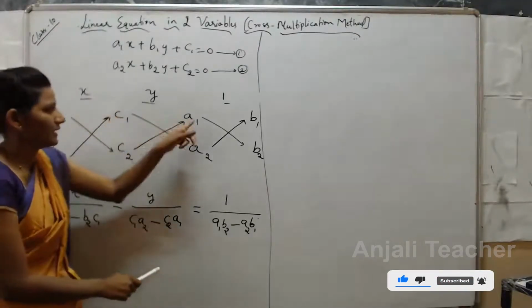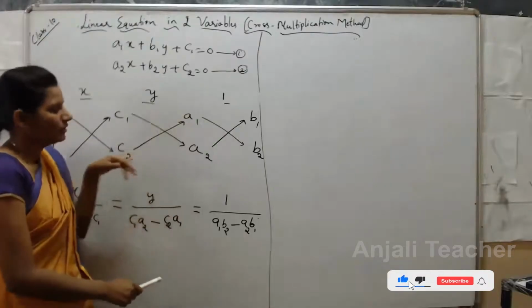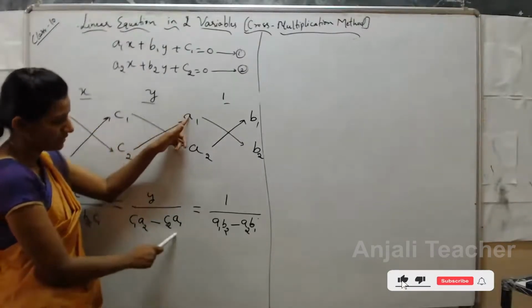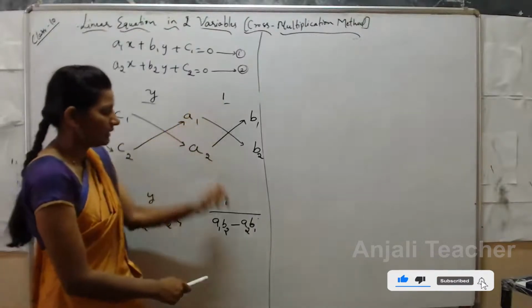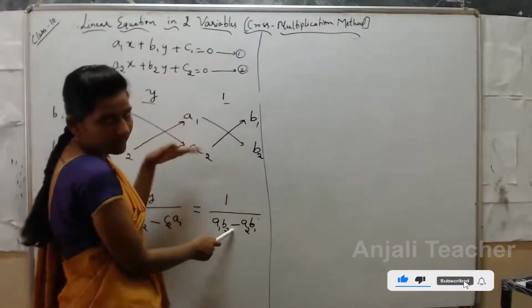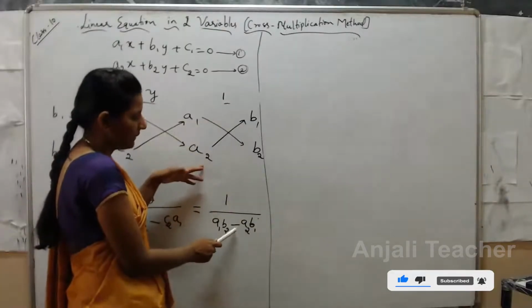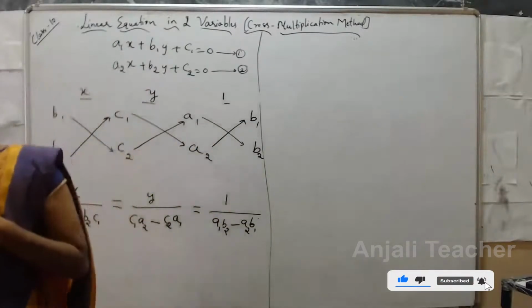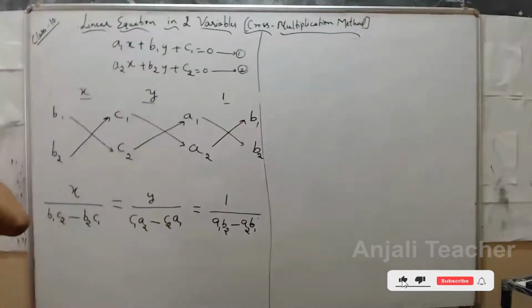B C A, first row 1, second row 2. C1 A2 minus C2 A1 is equal to 1 divided by A1 B2 minus, while multiplying upside, you should write minus A2 B1. Okay, A2 B1.